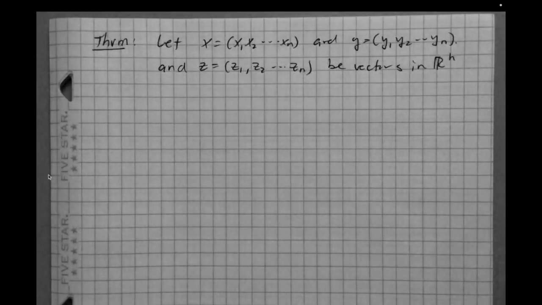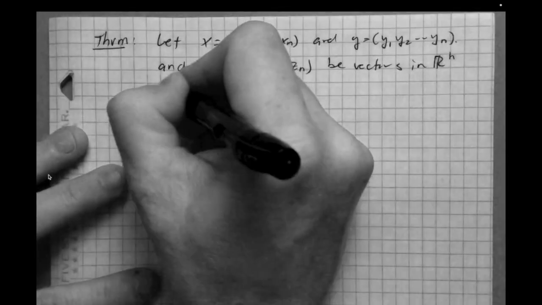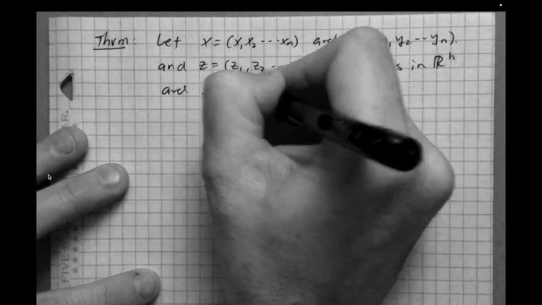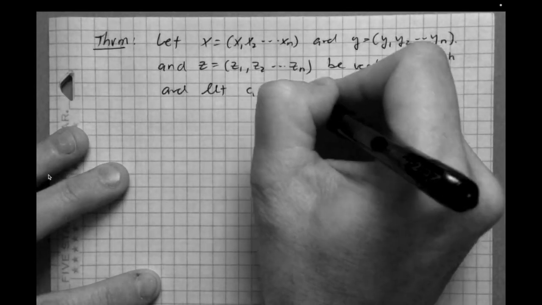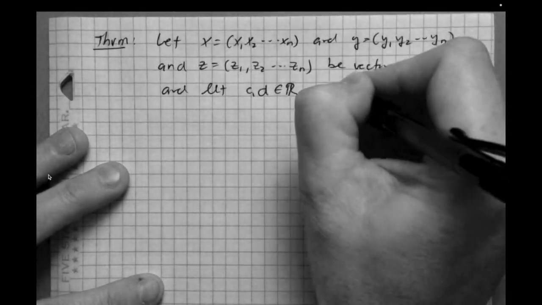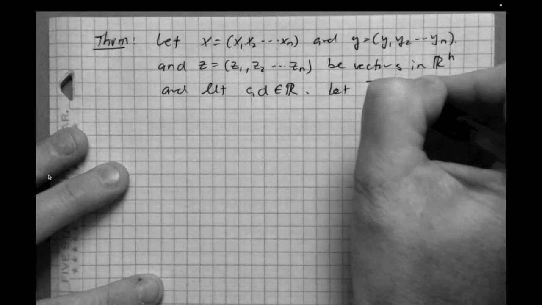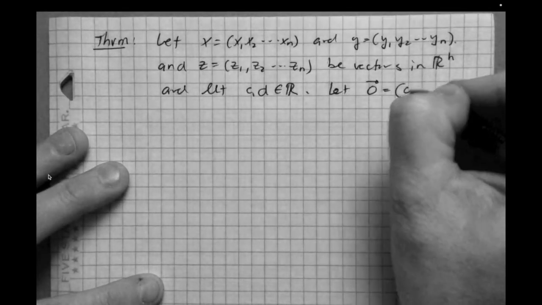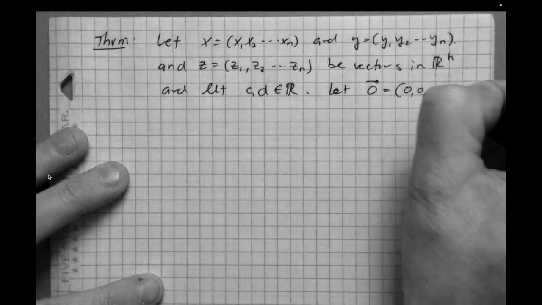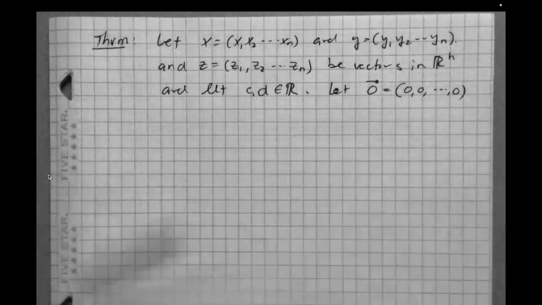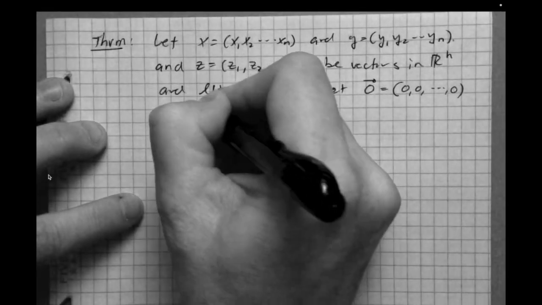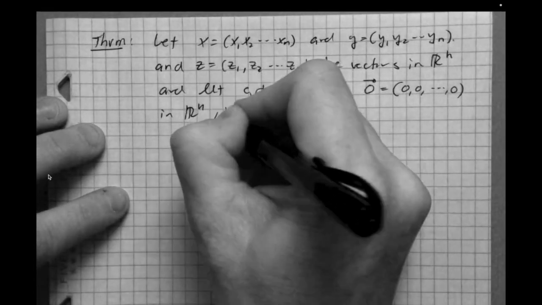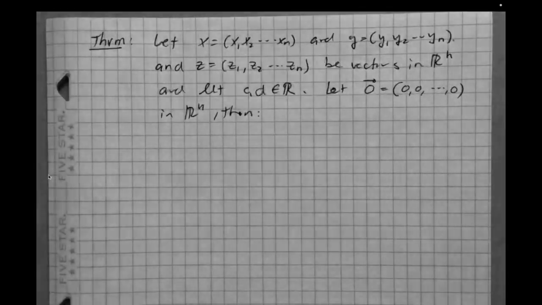So n-entry, real valued vectors, and let c and d be scalars, so real numbers. Let's let the 0 vector equal the vector that has n entries, all of which are 0 in Rn. Then, what do we have? Well, we've got about 8 items to look at.